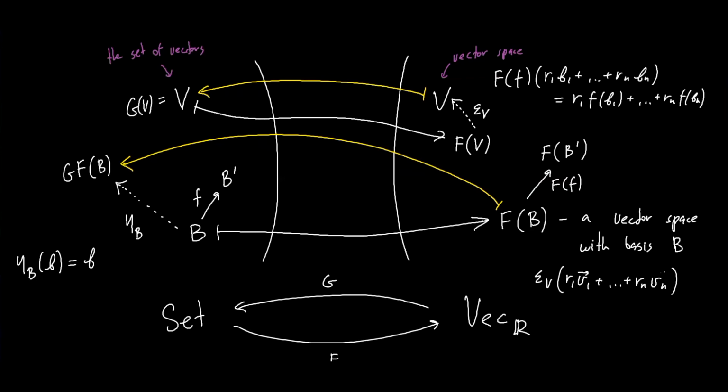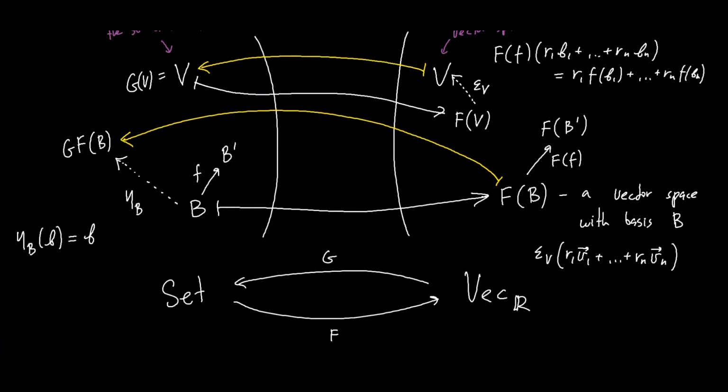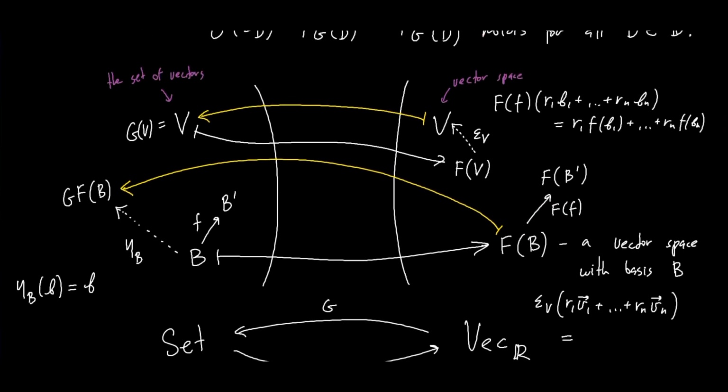I'm going to write these arrows there. Maybe this is not the best convention, but by writing this arrow there, I'm emphasizing that this is not the actual linear combination inside V, but it's a formal linear combination. How can I map a formal linear combination of vectors from V back to the vector space V?